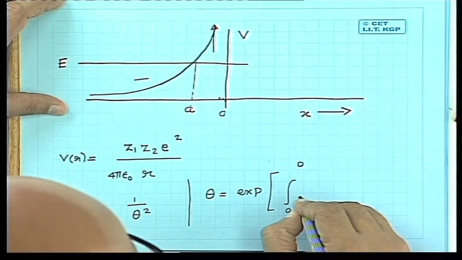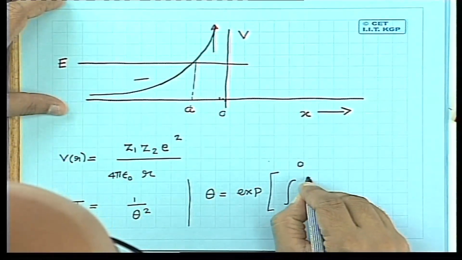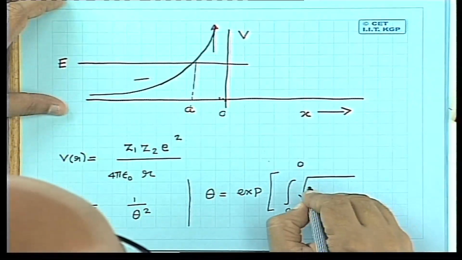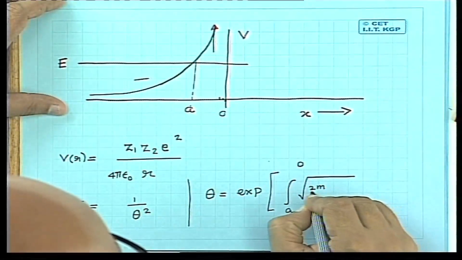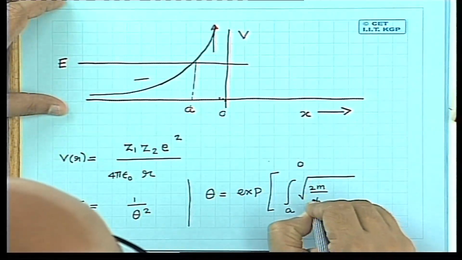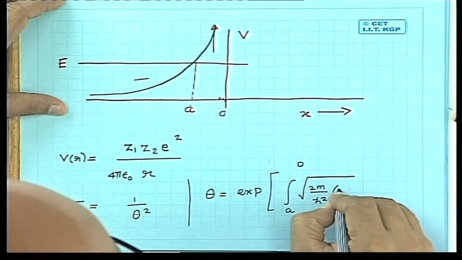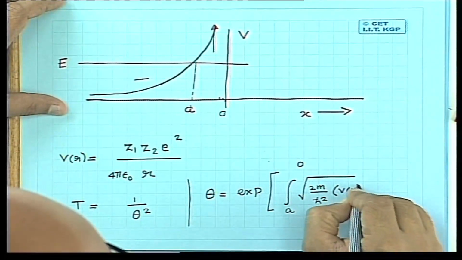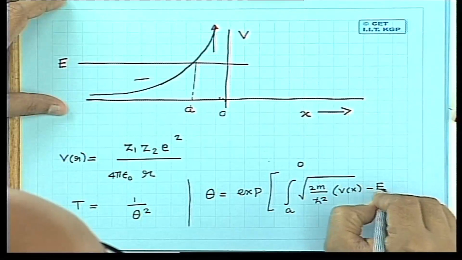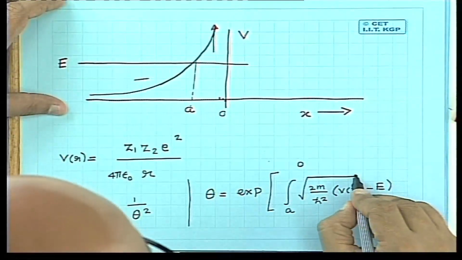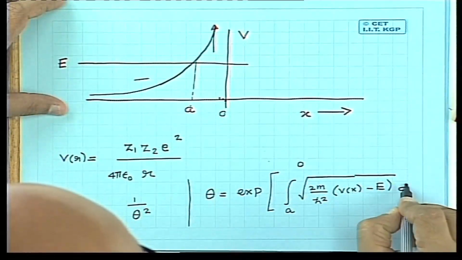So, what is rho? Rho is the square root of 2m by h cross square times (V of x minus E), into dx.